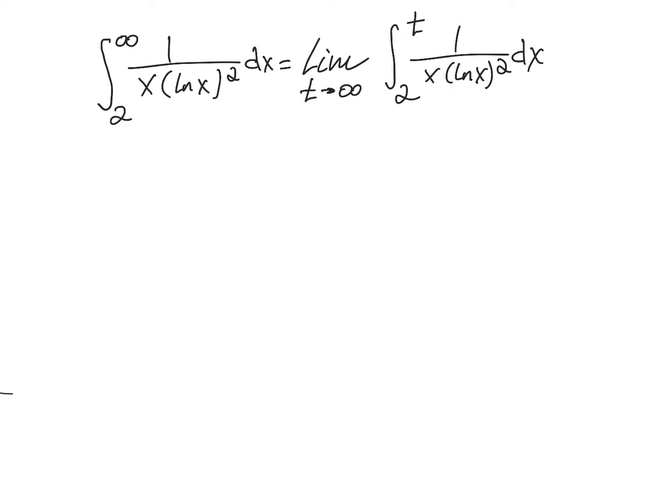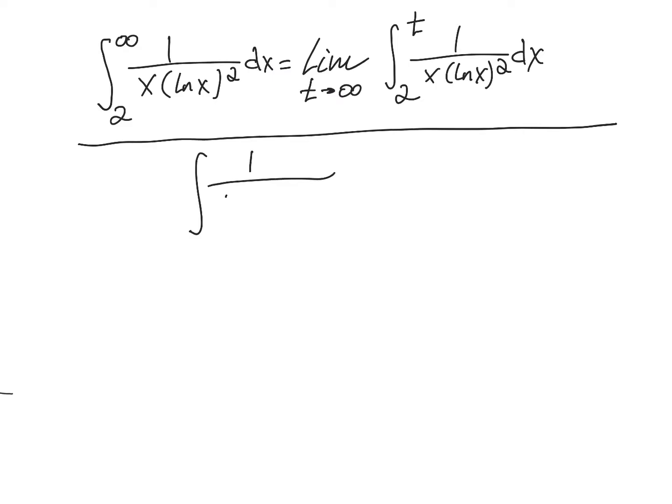So here's the computation of finding the antiderivative of 1 divided by x times natural log of x squared. We let u equal the natural log of x, and that means that du is 1 over x dx, and substitution here works perfectly.